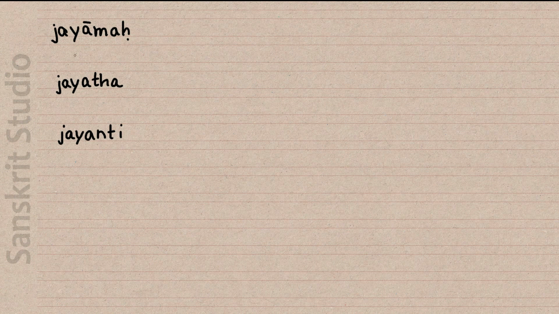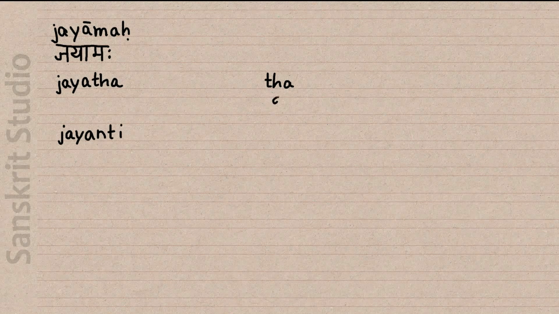So we are going to just talk about the Devanagari here. So ja, ya, ma, ha. So the visarga ends there. Jaya, ta. So here the ta, this is one Sanskrit letter represented by 3 Roman letters, and it looks something like this.